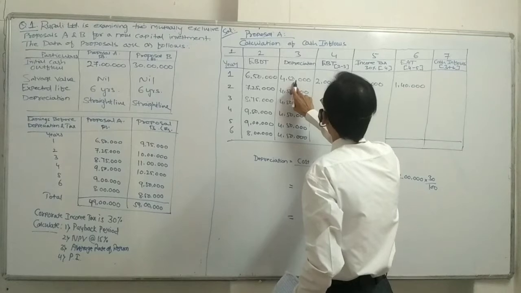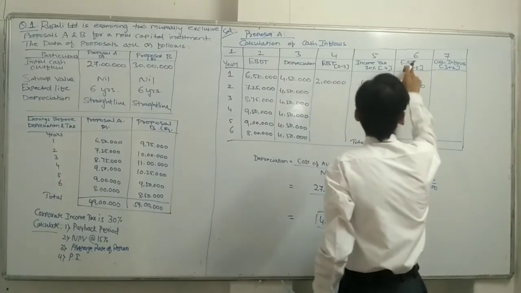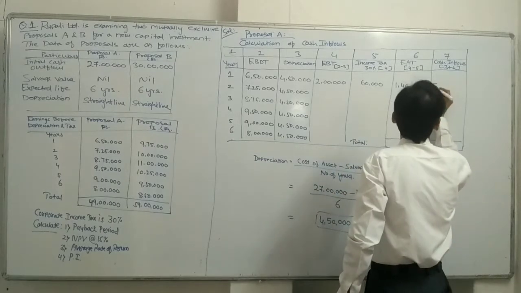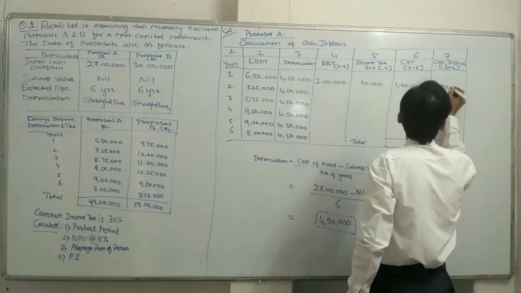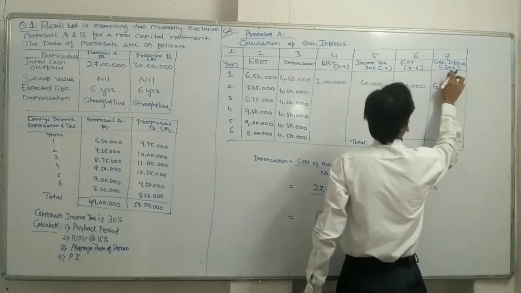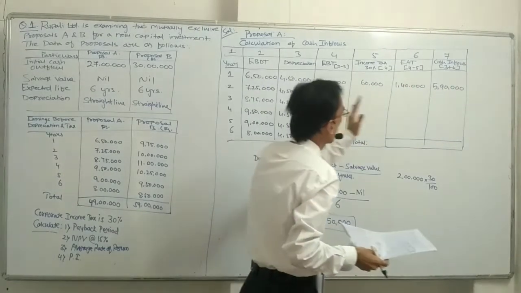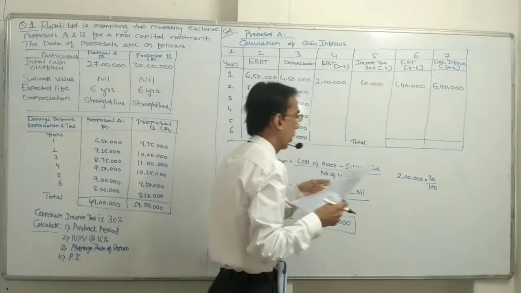Third column is 4,50,000 plus sixth column is 1,40,000. The answer is 5,90,000. In the same way, we need to calculate all the amounts.